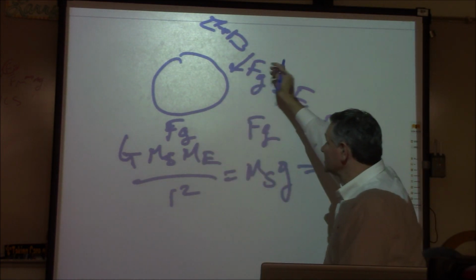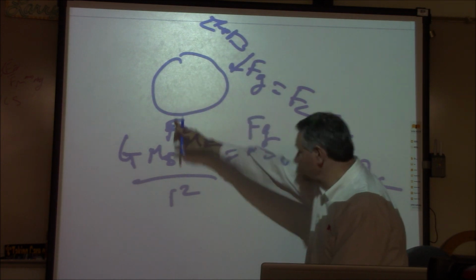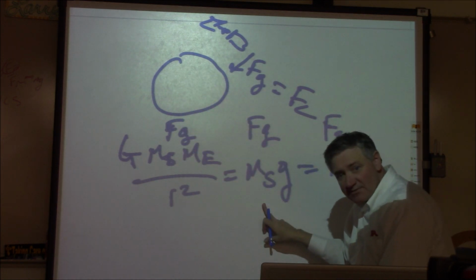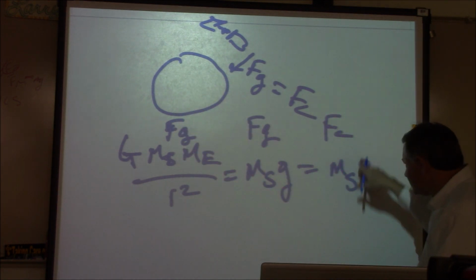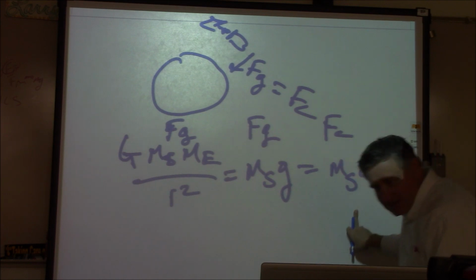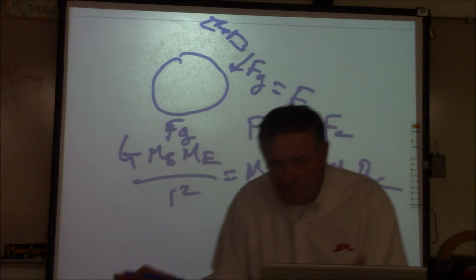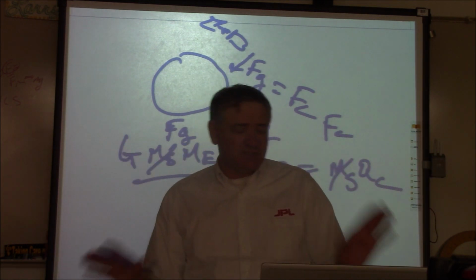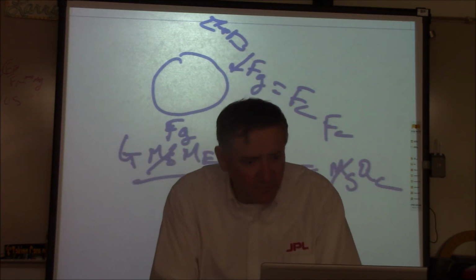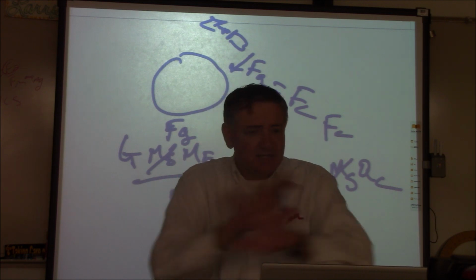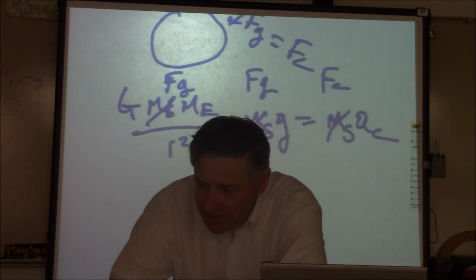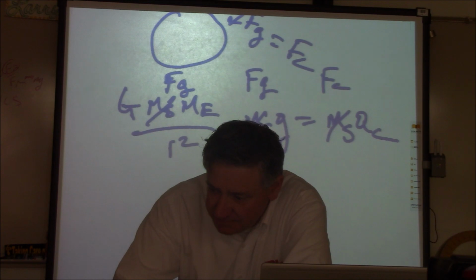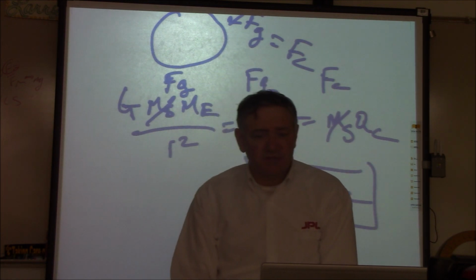This is the attraction between the satellite and the Earth. That equals the weight of the satellite. That equals the centripetal force acting on the satellite. Now, here's what's common to all three of these. The mass of the satellite drops out. It's gone. I will never give you the mass of the satellite because it doesn't matter. But here's what's relevant: little g is equal to your centripetal acceleration.